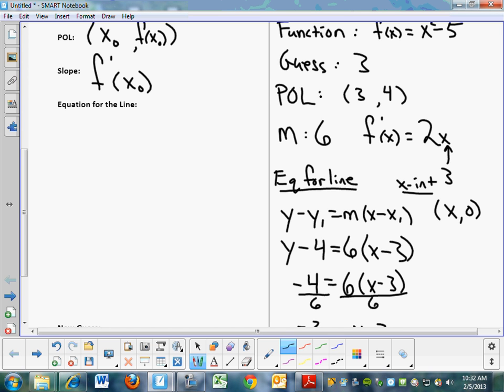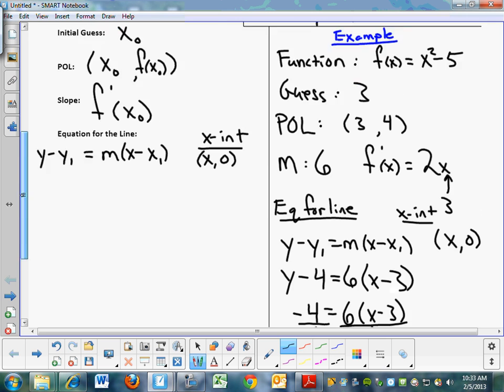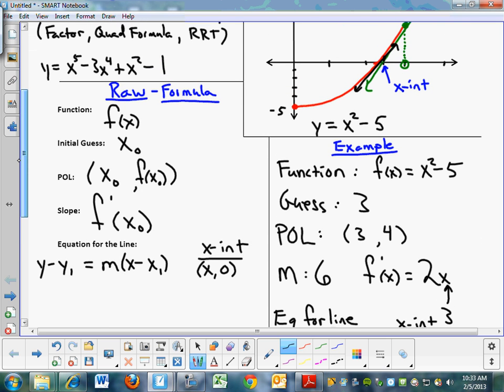So I have the equation for the line again, which is y minus y1 equals m times x minus x1. And you are looking for your x-intercept, which again we said occurs at x0. Okay, so remember with Newton's method, just going to go right back up there.